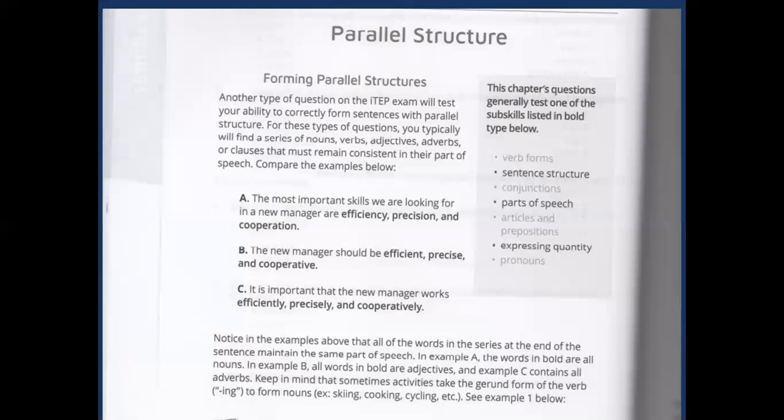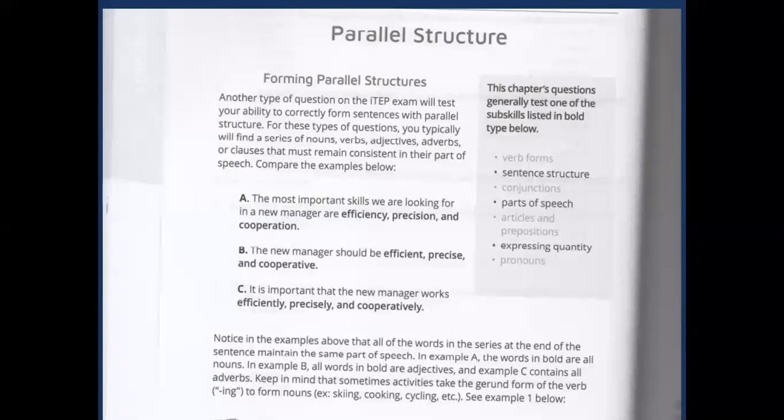It says, notice in the examples above that all the words in the series at the end of the sentence maintain the same part of speech. In example A, the words in bold are nouns, in example B all the words in bold are adjectives, and example C contains adverbs.